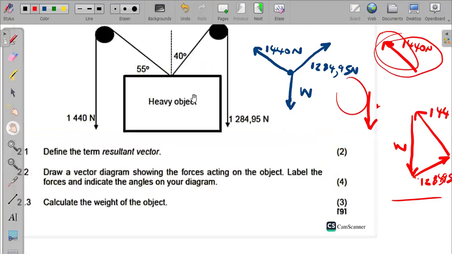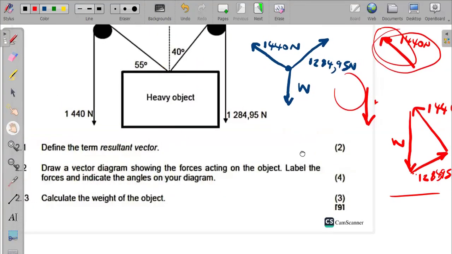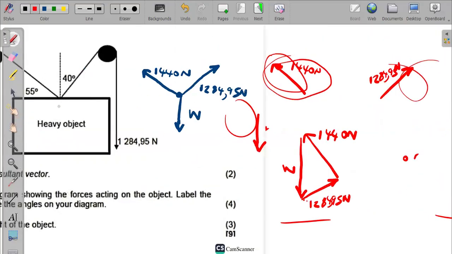The question was saying, label the forces and indicate the angles on your diagram. This is important, as an easier way of identifying the angles. At the point where the heavy object is, if I extend this line, this angle here is the angle between the 1,440 Newton force and the weight.